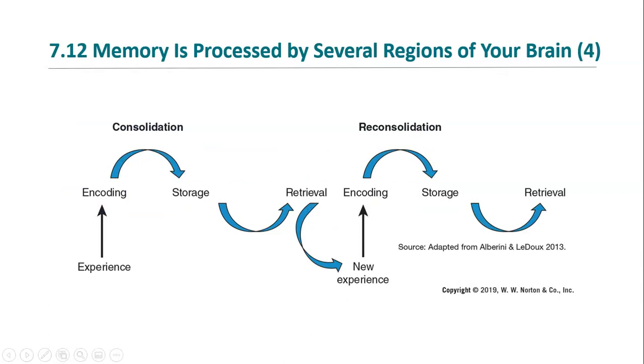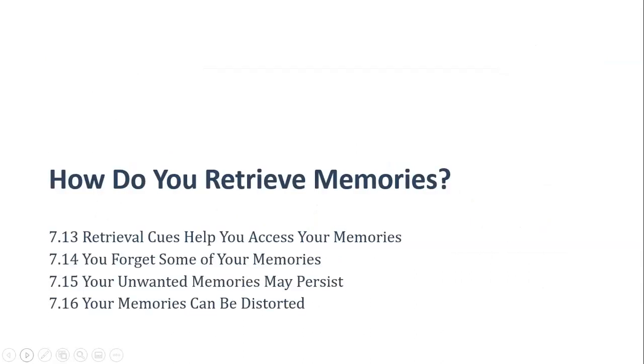So there's kind of a process of encoding, storage, retrieval. Something happens, changes the memory. We encode that, we store it, we retrieve it, and then we repeat the process over and over. So how do we get information that we stored in memory?